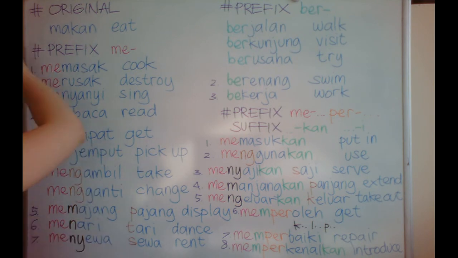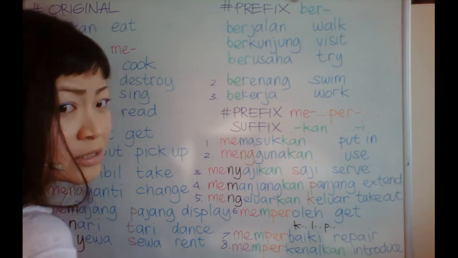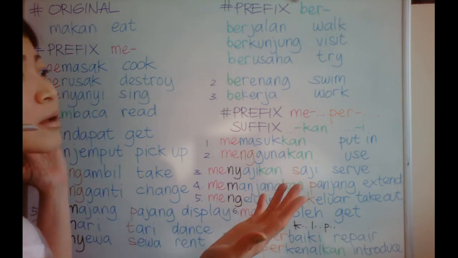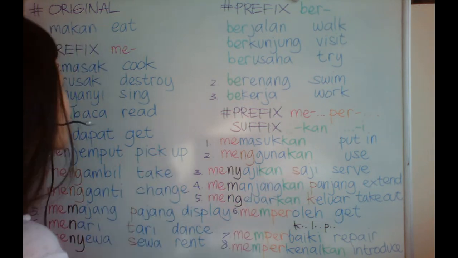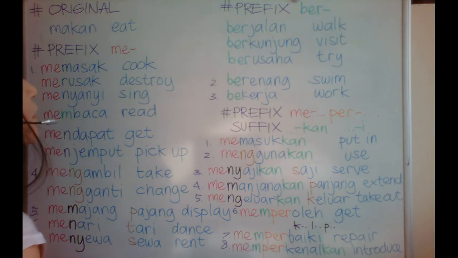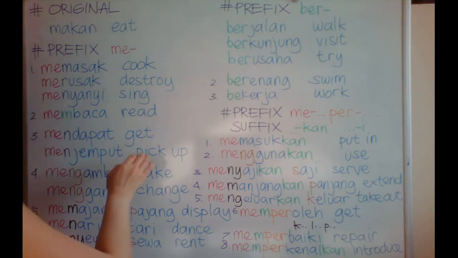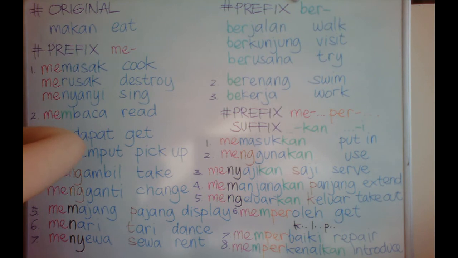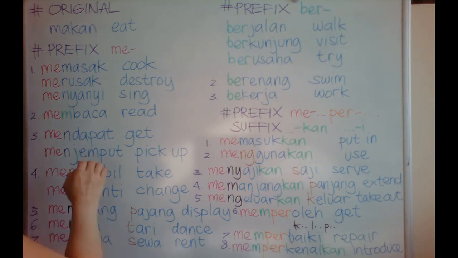The first is original. With the original, you can just say it as it is. You don't have to add the prefix. This is in my video 1.0. One of them is makan, which means eat.